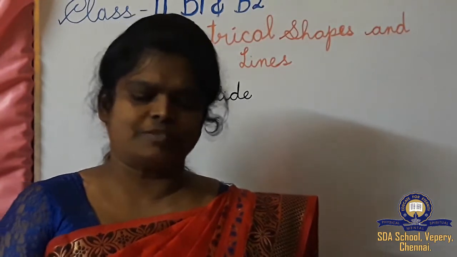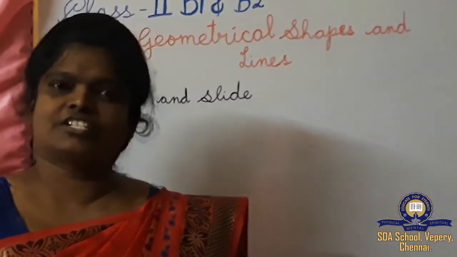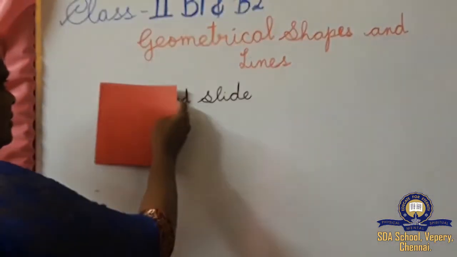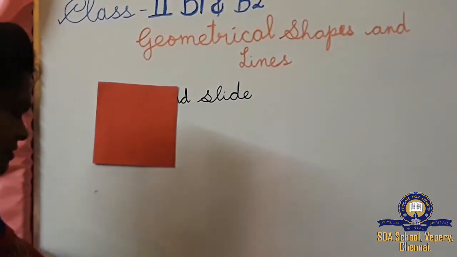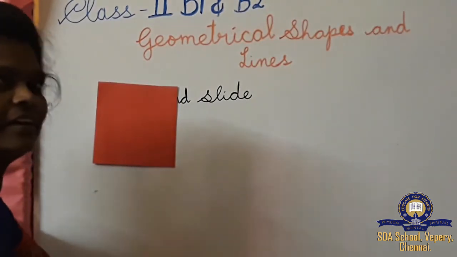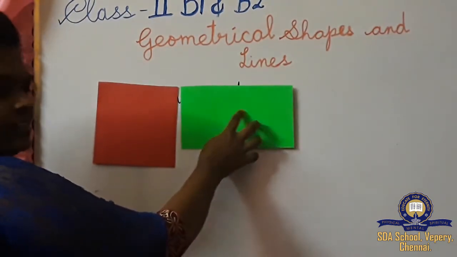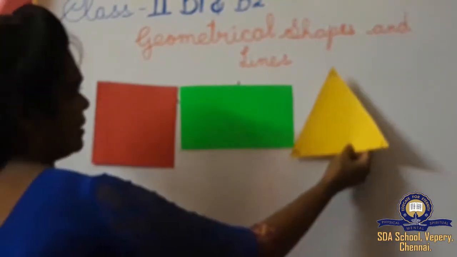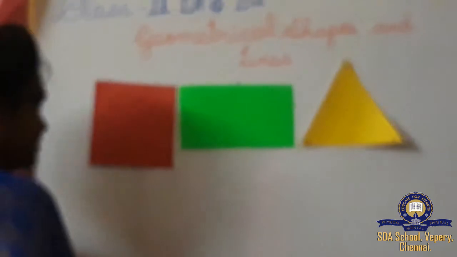In the 2D shapes, what are the shapes we learned? Can you remember? Square. Rectangle. Triangle.